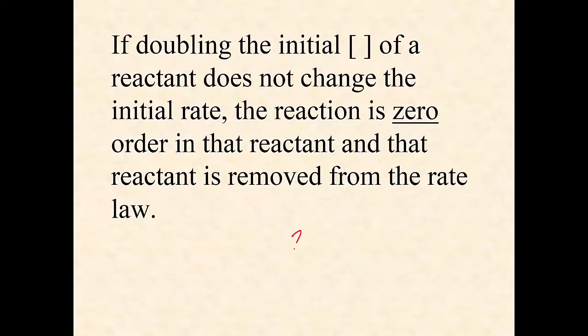I doubled it, and this time nothing happened. You didn't see a change. Excuse me, the rate factor would be 1, I was confusing myself there. You doubled it and the rate changed by a factor of 1. The only way to get 1 is if it was a 0 order.